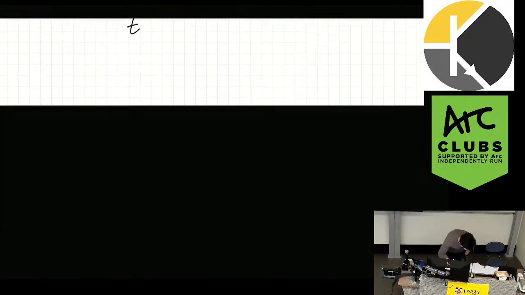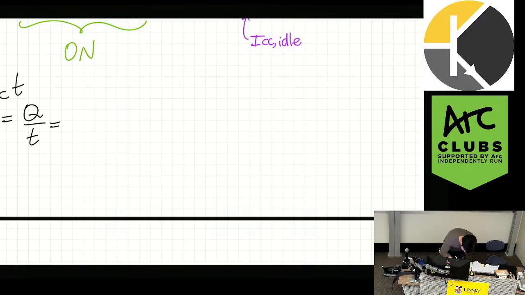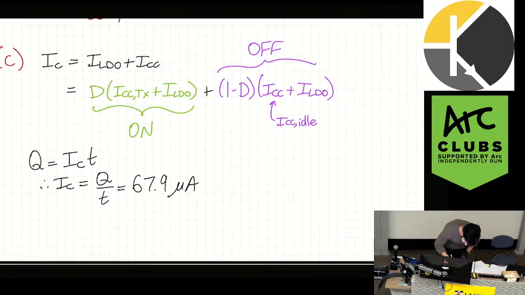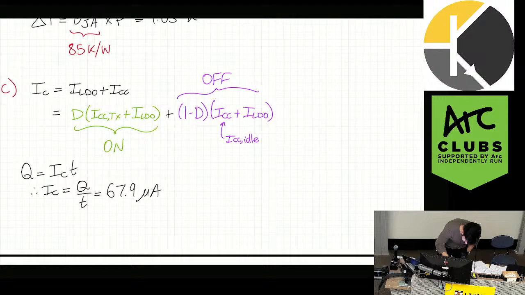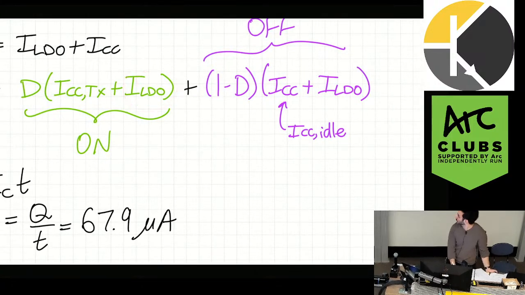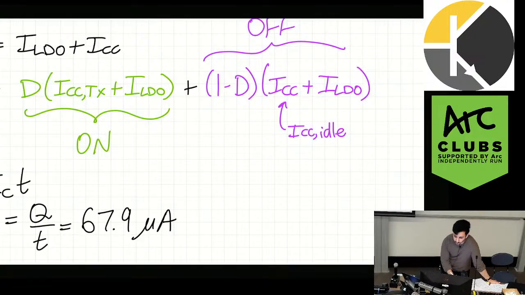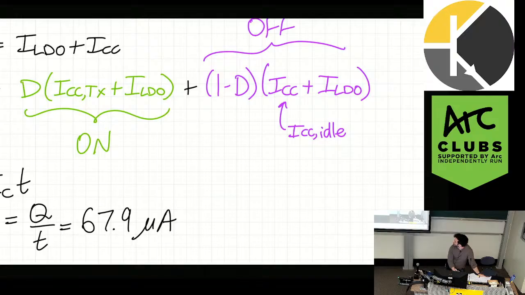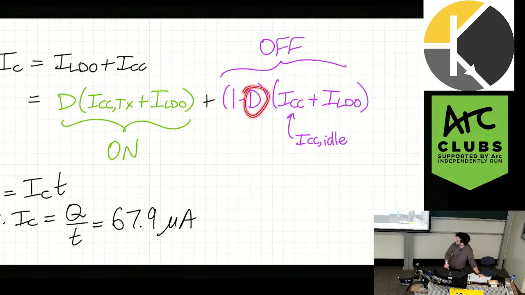And then this would give you 67.9 microamps. Cool. And then if we look at, okay, here's the equation. Now ILDO we know as 20 microamps. ICC TX we were given. ICC idle is what we're trying to find, and we know D is 0.1%.